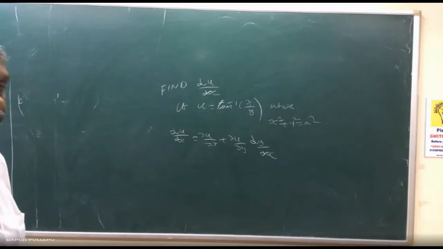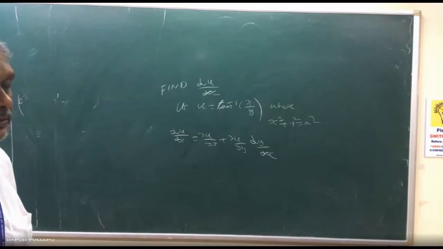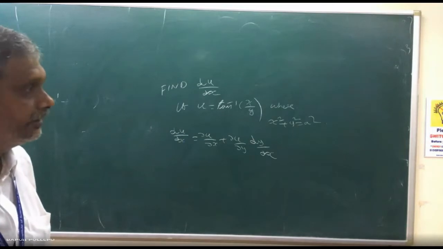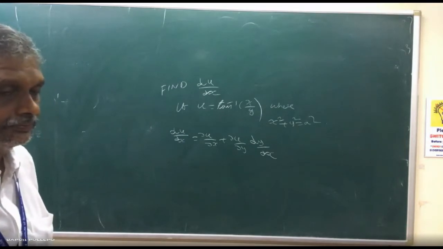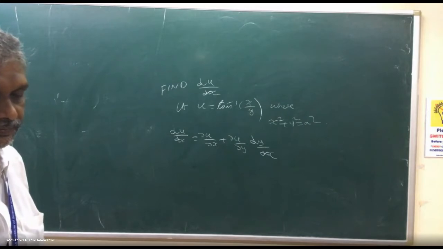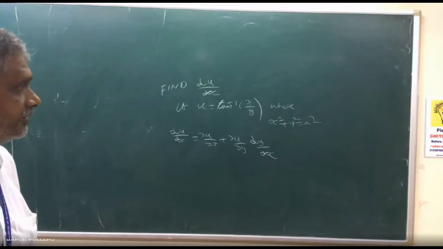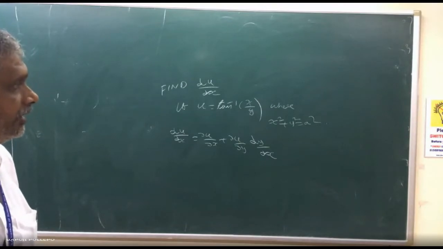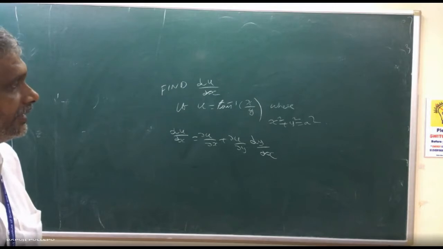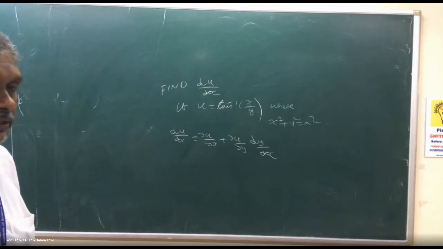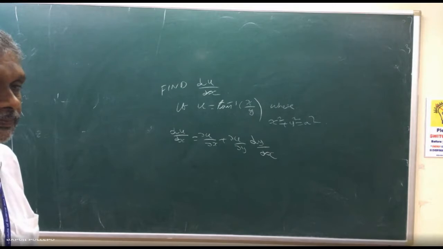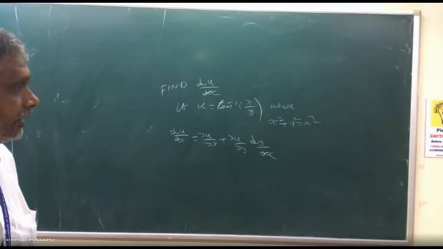What is dou u by dou x? 1 by 1 plus x by y whole square into what you will get? 1 by y. You will get 1 by y, not 1 by y square. Similarly, dou u by dou y, what you will get? 1 by 1 plus x by y whole square into what you will get? Minus 1 by y square. Minus x by y square, you will get x also there. Right?